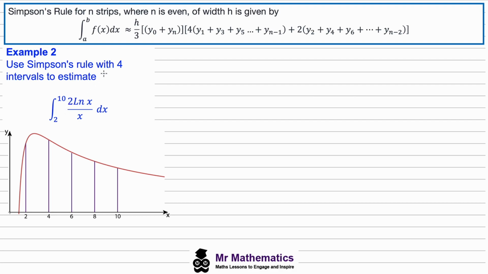The first thing I need to do is to identify my h, and this is the width of each strip. So in this case, h is equal to 2.